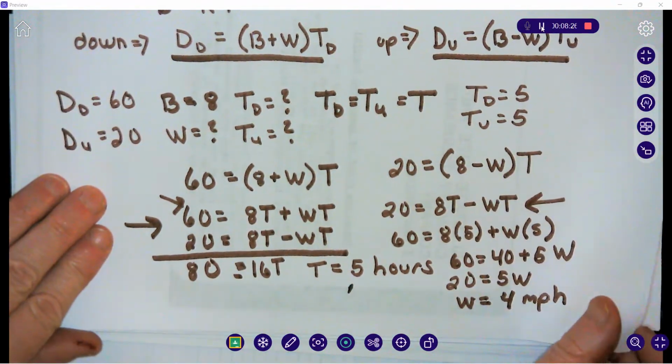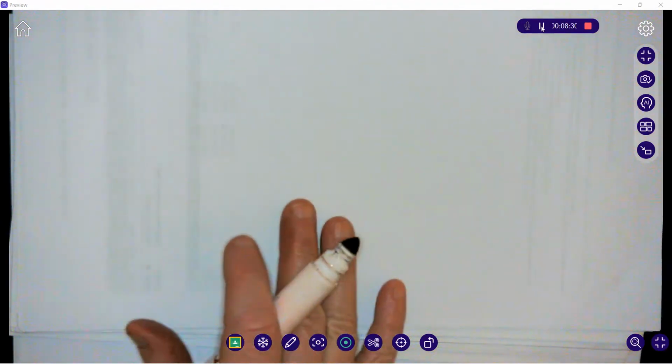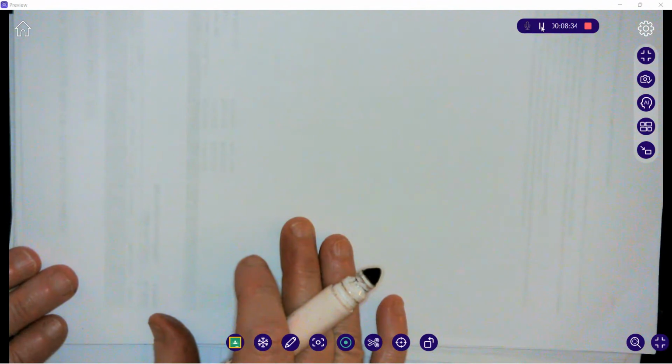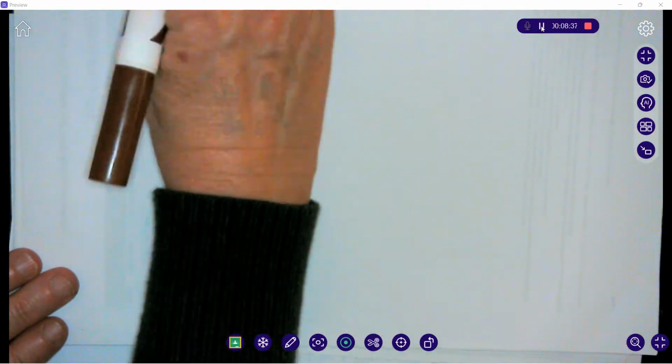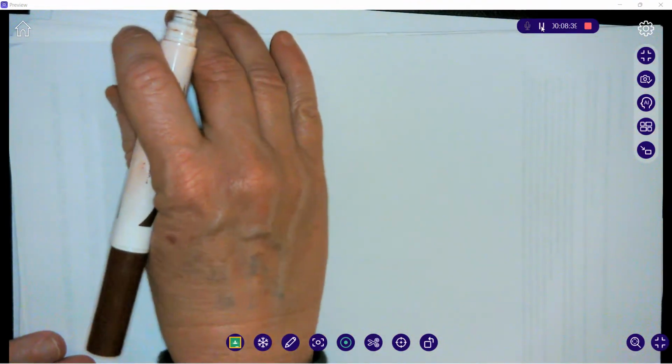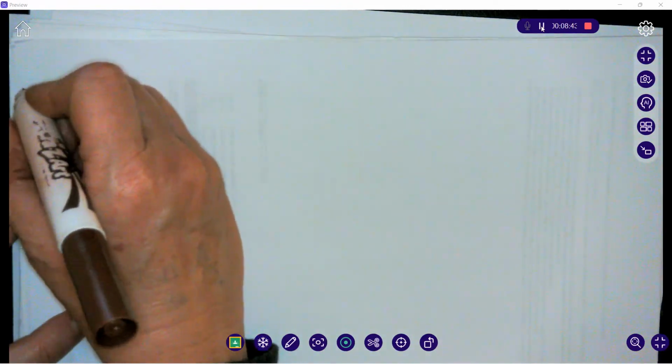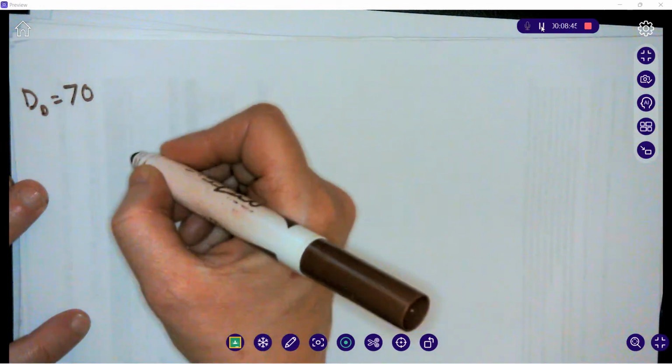So not too hard. We'll try one more just to make sure that you have it. This one says that the steamboat could go 70 miles downstream. So I'll move my paper back here. We can move 70 miles downstream. So the distance downstream equals 70.